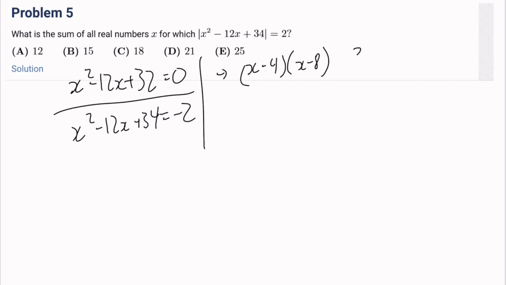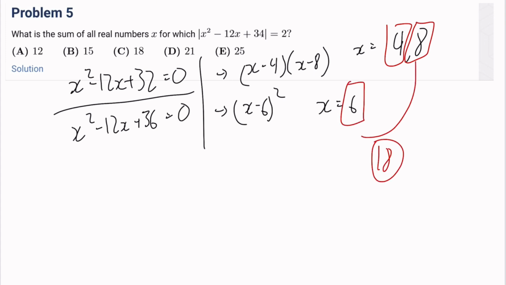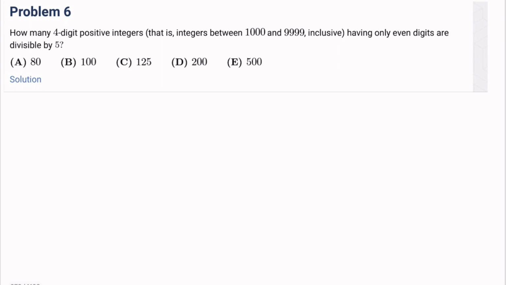So x can be 4 and 8, and for this one, -2, then this will be x squared minus 12x plus 36 equals 0, and so here this will be x minus 6 squared, and so this means x equals 6. So we have 3 possible values, 4, 8, and 6, right? Okay, so this is 18 in total. The answer is C.